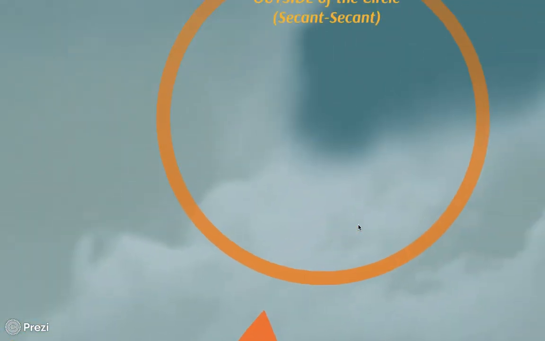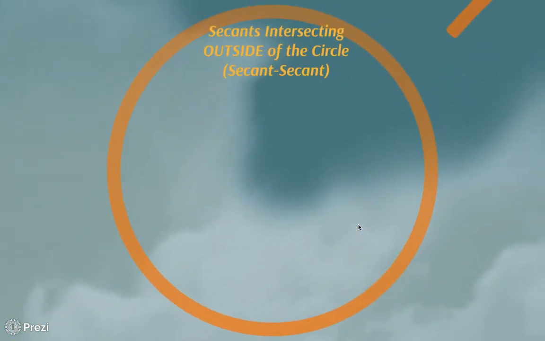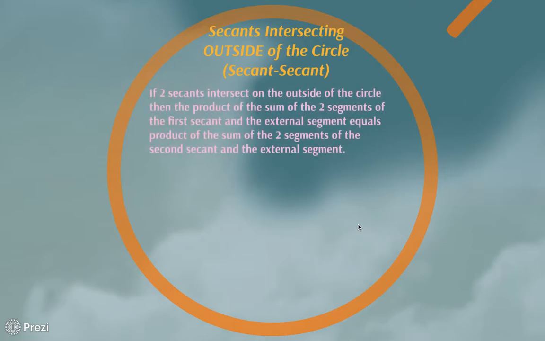All right, the second property we're going to talk about is when secants are intersecting outside of the circle this time. I'm going to call this the secant rule.